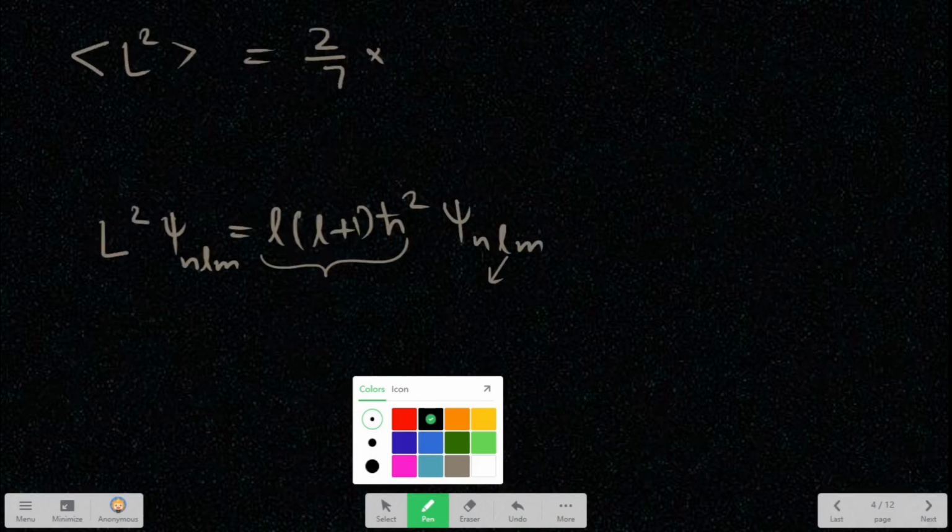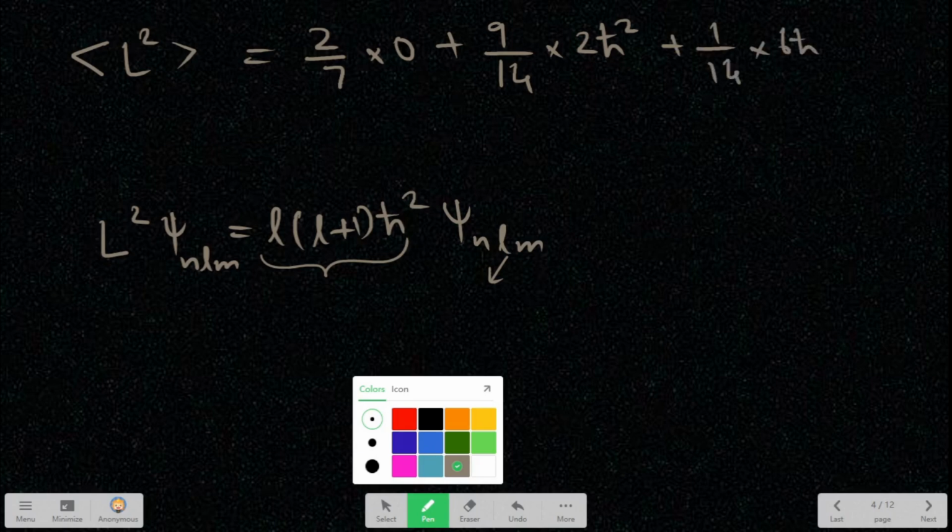Therefore expectation value of L square will be equal to 2 by 7 into 0 plus 9 by 14 into 2 h bar square plus 1 by 14 times 6 h bar square.